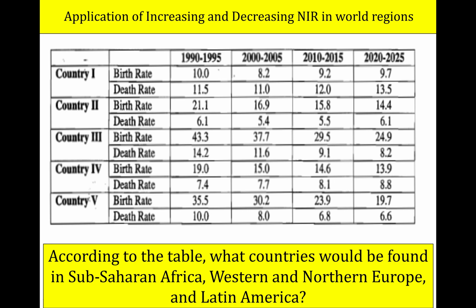The birth rate is 9.7, and there would be a higher crude death rate of 13.5. So country 1 would be Western and Northern Europe. What about Latin America? Latin America would be represented by country 5, a CBR of 19.7 and a death rate of 6.6.